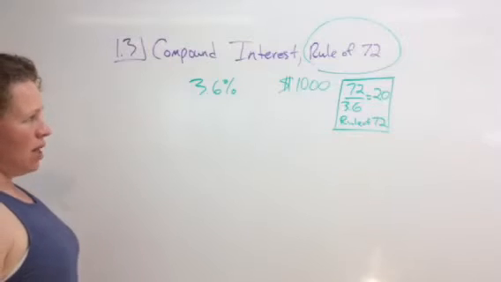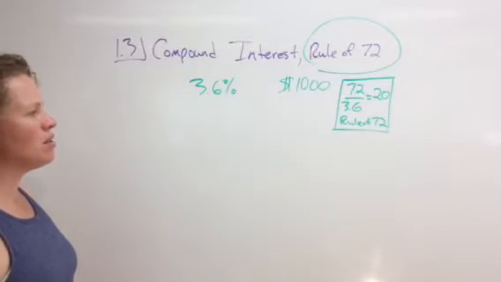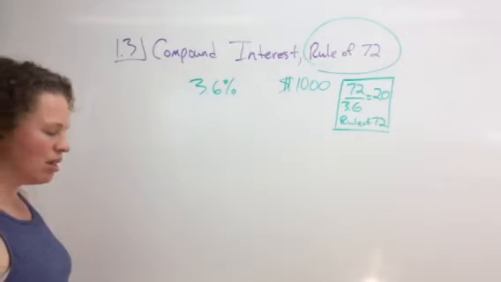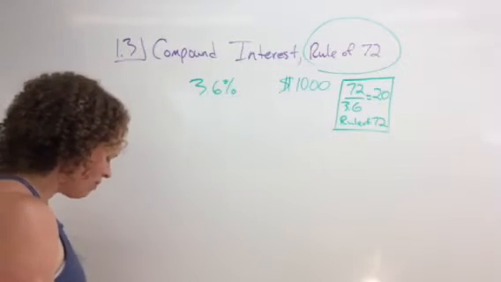What we do otherwise is we use a formula. Your book has an irritating formula, so I'm going to give you the one that I like to use.